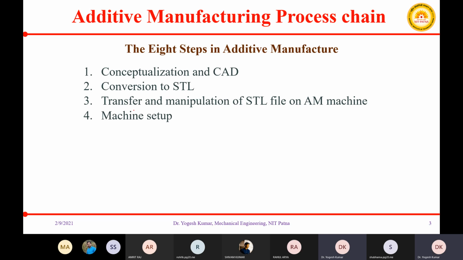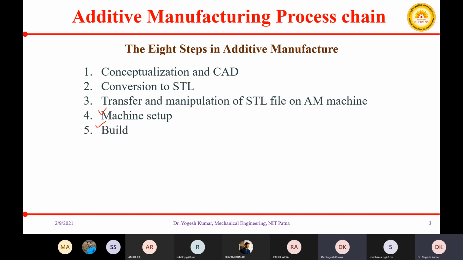The fourth step is your machine related parameters. You set up your machine: what should be your temperature and your bed height. There are many other parameters also related to your machine setup.